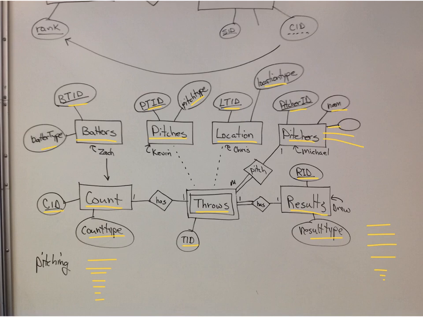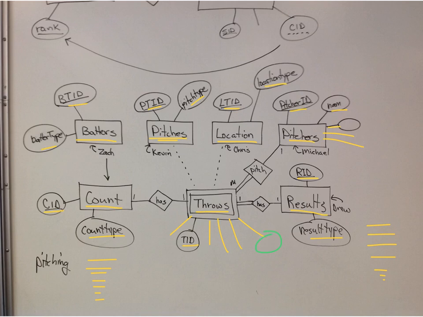But a throw would be a pitch. I didn't want to use the same word because we have pitches and we have pitchers and then we have their throw. So this would have lots of foreign keys. Does that make sense?